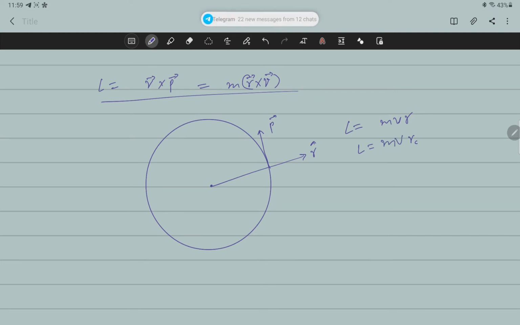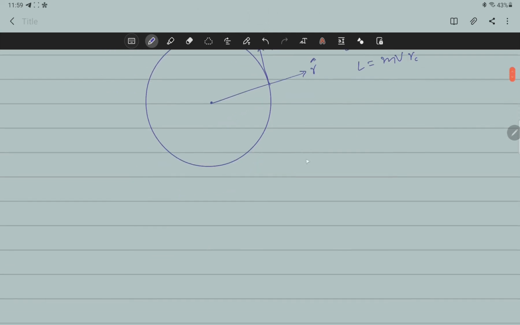Now there is another particle which is moving in a parabolic trajectory, like this, and this is the rp distance.